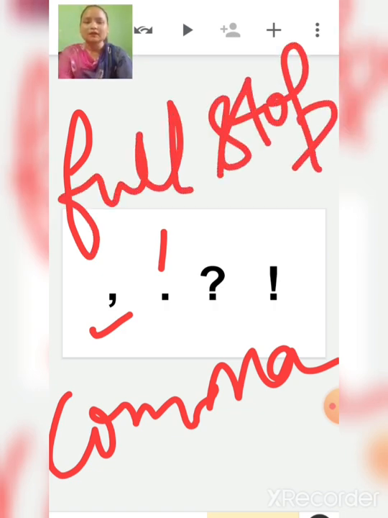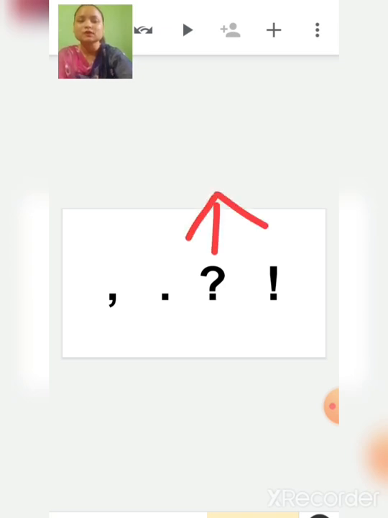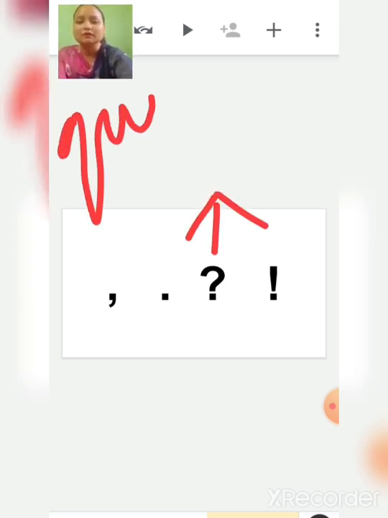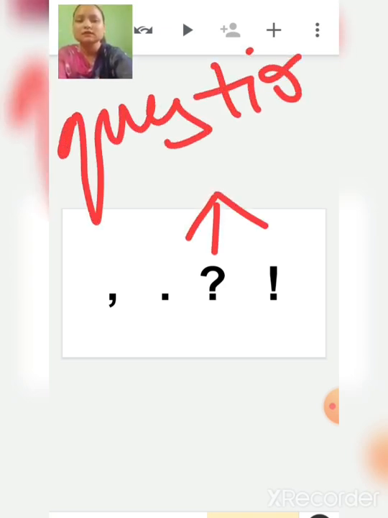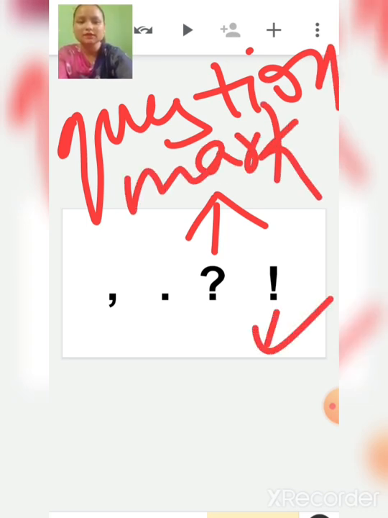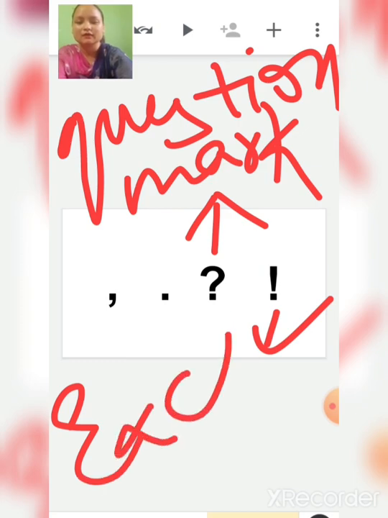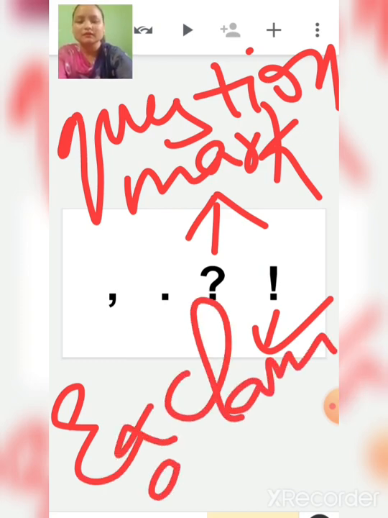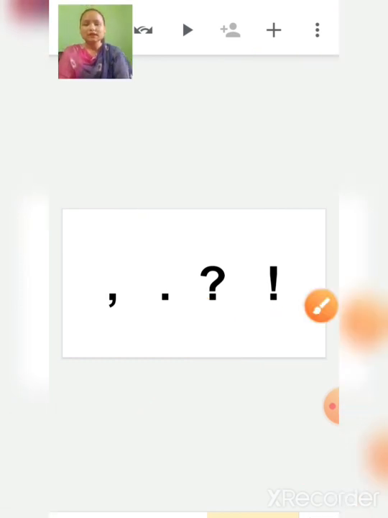First one is comma, second one is full stop, and then this one is question mark, and this one is exclamatory mark. So these are some basic punctuation symbols or punctuation marks.